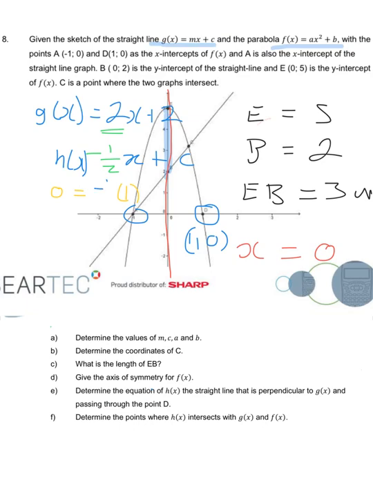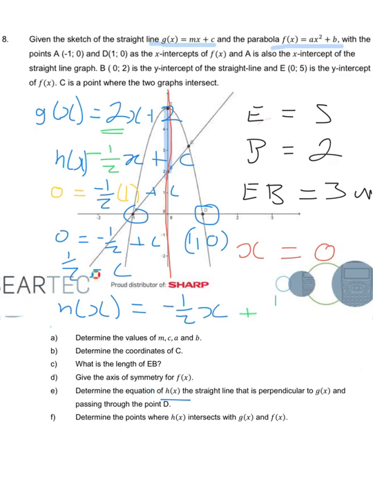We'll leave the negative a half in front, plus c. And so we get 0 is equal to negative a half plus c. So a half is equal to c. So therefore, my equation of h is just h of x equal to negative a half x, because that's the perpendicular part, and we're going to say plus a half because that is then going to allow us to pass through the point D.